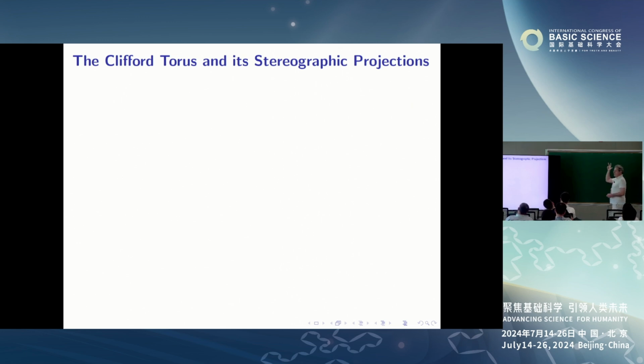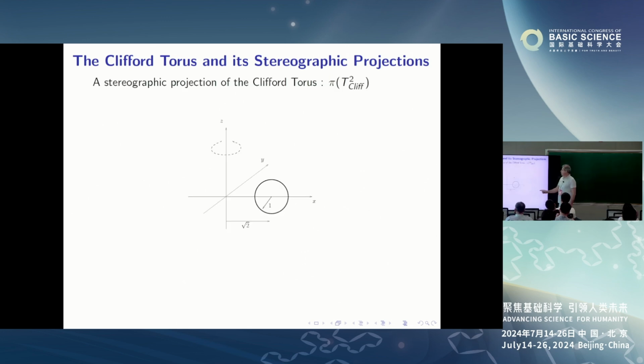If you stereographically project it, you get it simply by taking this vertical circle, which is centered at the point of coordinates square root of 2, 0, 0, and which has radius 1, and you rotate it along the z-axis, and you generate an axially symmetric torus, and this is a stereographic projection of the Clifford torus.